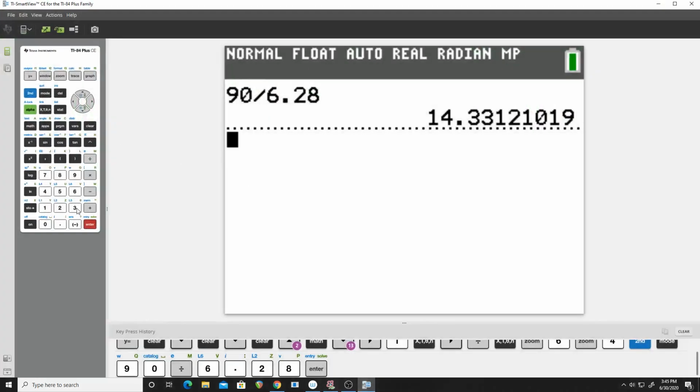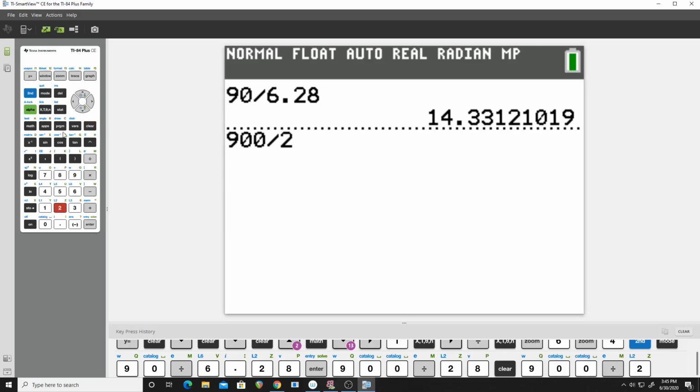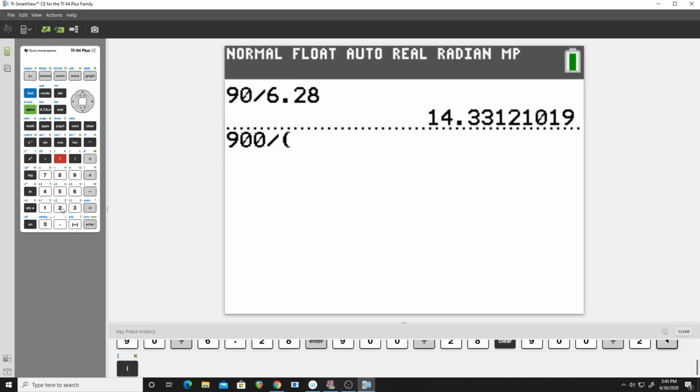900 divided by 2 pi, I'll enter it here, in parentheses, 2 pi.